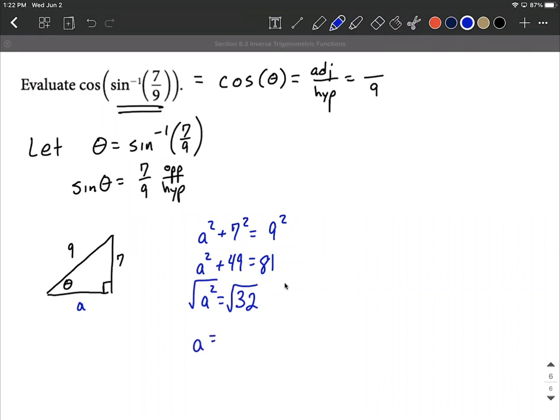So we have the square root of 32, which we could think of as 16 times 2. I'm using 16 as a factor because it's a perfect square that's a factor of 32, and the largest perfect square that's a factor of 32. With a little bit of reducing down, we can think square root of 16 times the square root of 2, which works out to be 4 times the square root of 2.